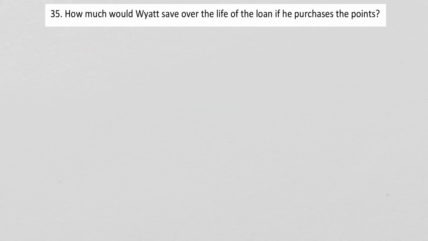Okay, number 35 says, how much would Wyatt save over the life of the loan? Well, if he didn't buy the points, we calculated the amount of interest he would pay. That's the amount of interest he would pay from problem number 29. This is from problem number 34. He would pay $419,006.31 in interest.